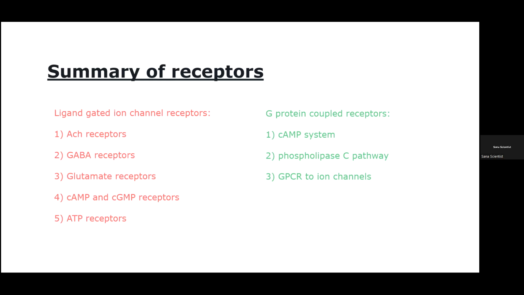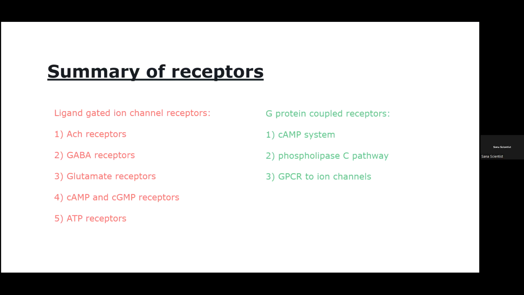That's how, when you hurt your hand, the neurons have to sense it and transport the signal in milliseconds. It's really quick with the ligand-gated ion channel receptors, but G protein coupled receptors take longer. They act in seconds, not milliseconds.